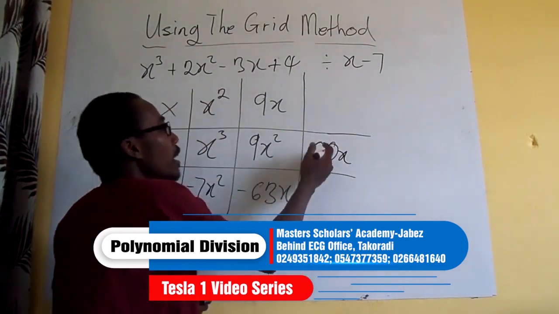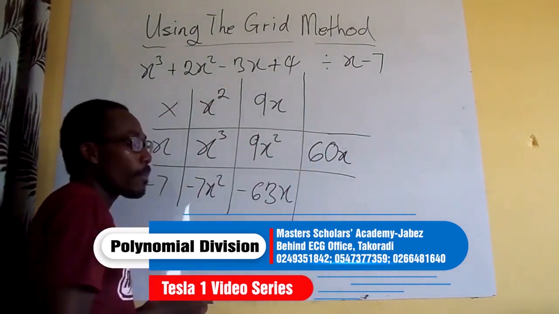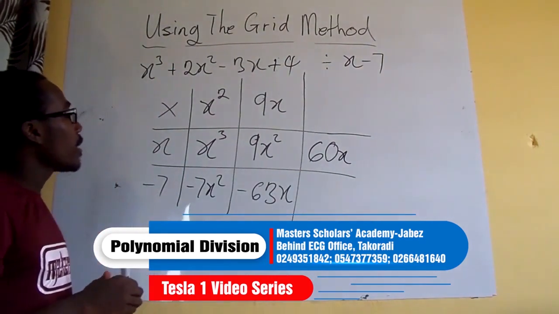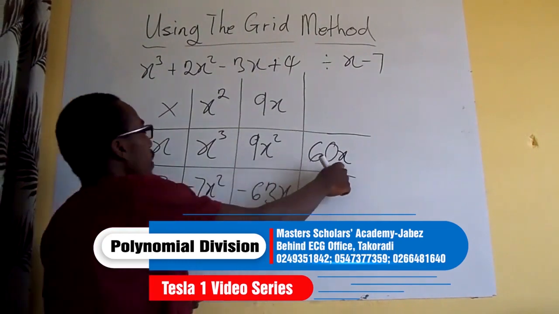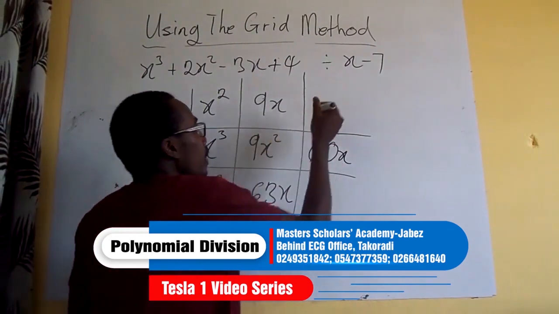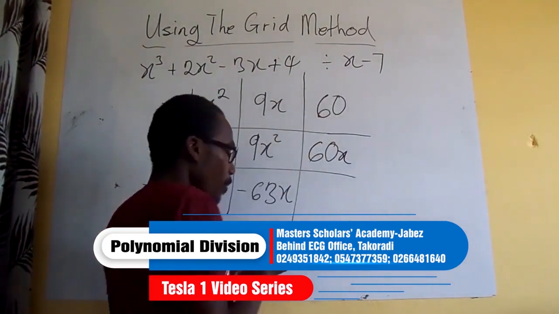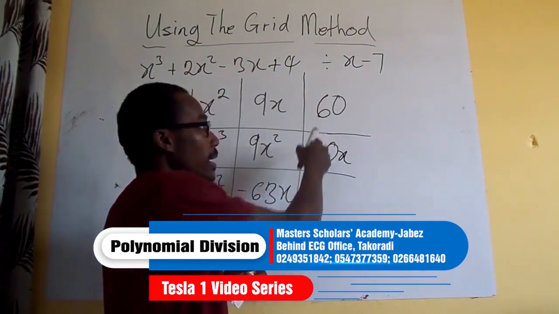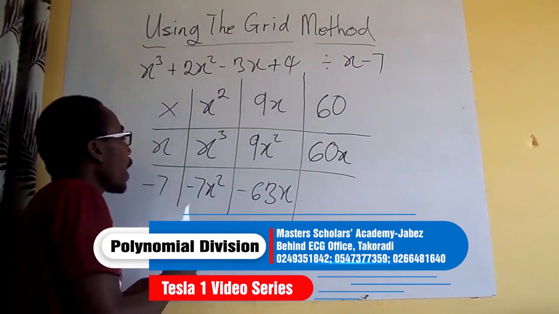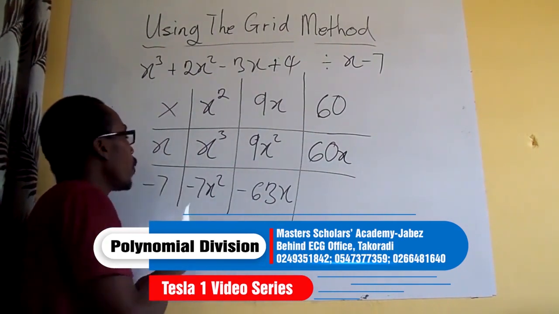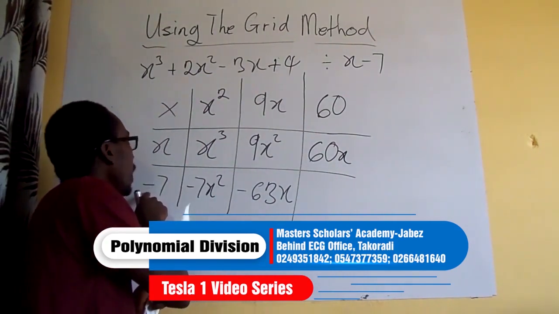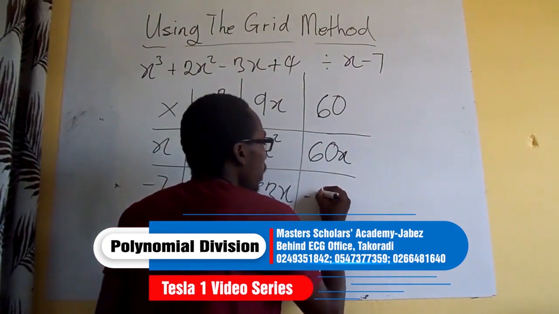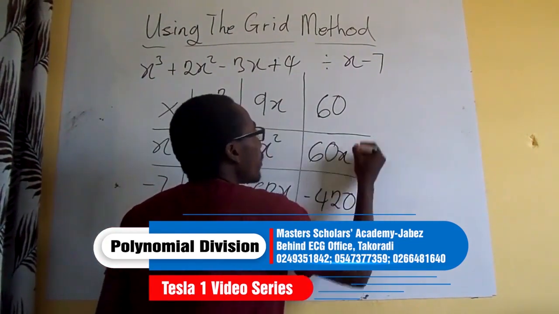So positive 60x, and you put it in this particular row. And you ask yourself the same question: 60x divided by x gives us what? 60. Or in other words, x times what number will give you 60x? That is 60. Now after getting your 60, you multiply your minus 7 by the 60, and that gives you minus 420.